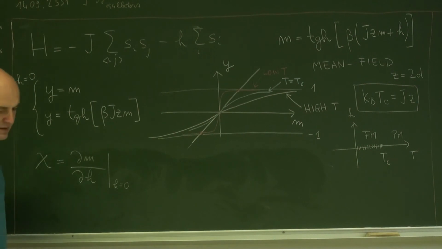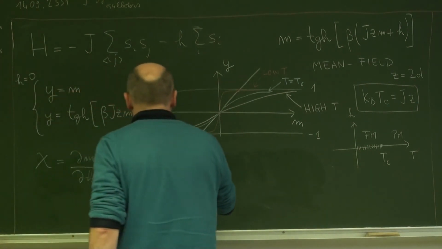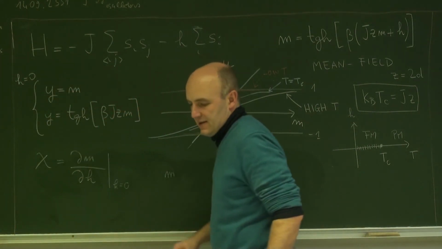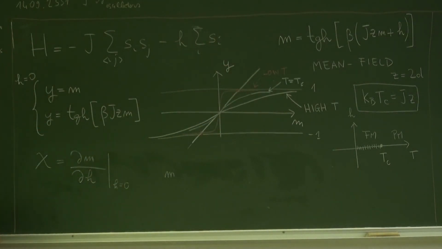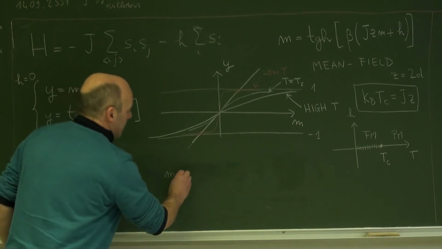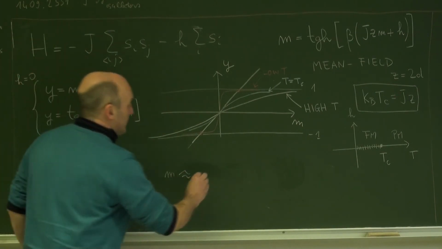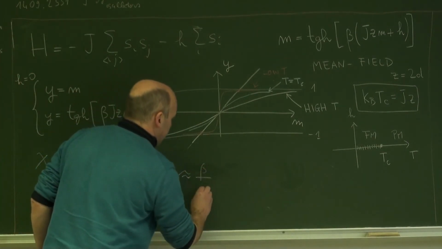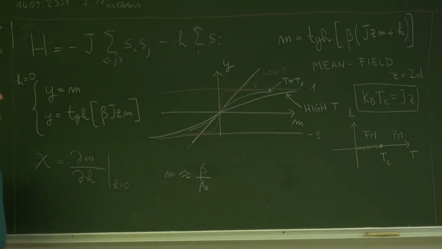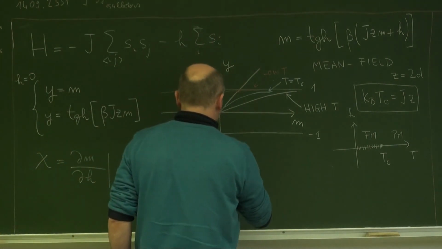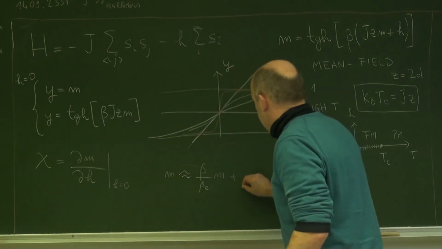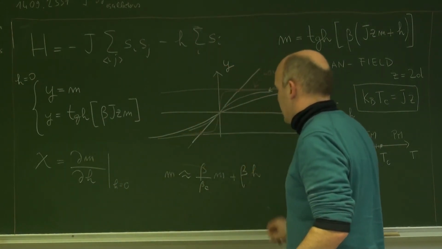I expand the same relation as before: the magnetization is equal, to lowest order, to beta divided by beta c times m plus beta times h.